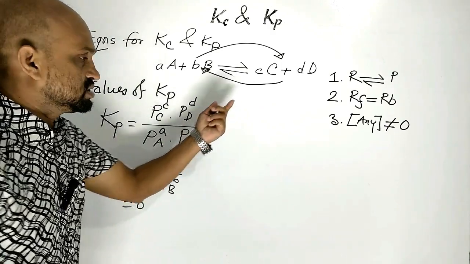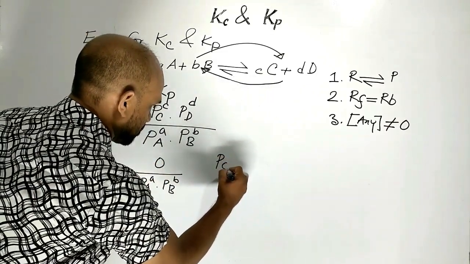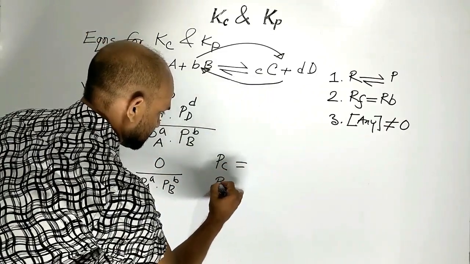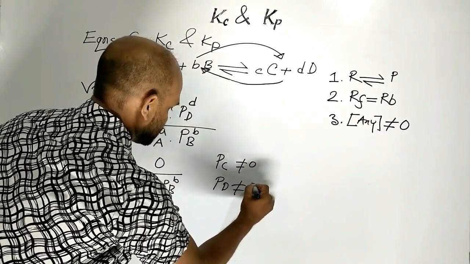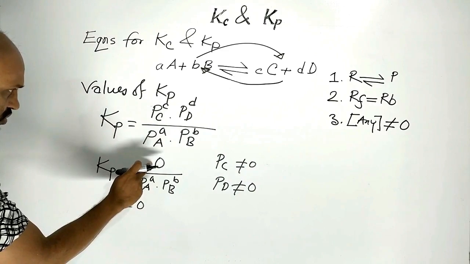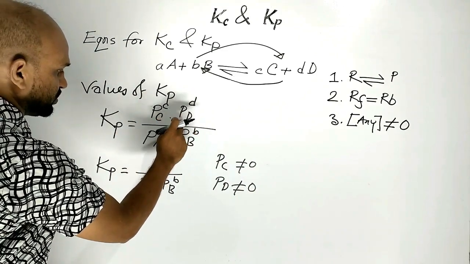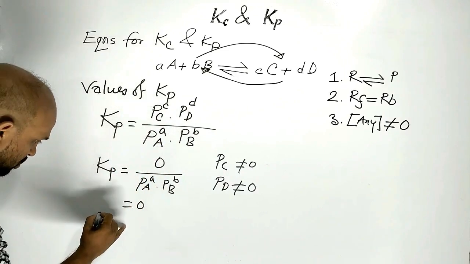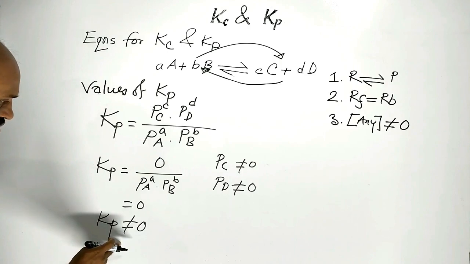But as this is a reversible reaction, partial pressure of C and partial pressure of D cannot be zero. So value of partial pressure of C into partial pressure of D cannot be 0. So value of Kp cannot be 0.